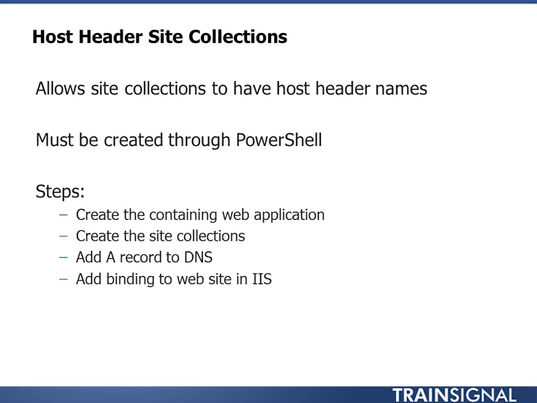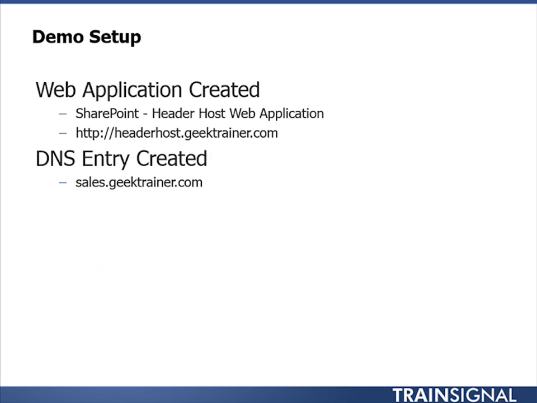Without adding in the binding, the request is going to come in, IIS is going to look at that and go, well, I don't know who you're looking for, and reject it. And unfortunately, PowerShell does not automatically add in the binding for me. However, as we're going to see, through PowerShell, I could go in and set up that binding.